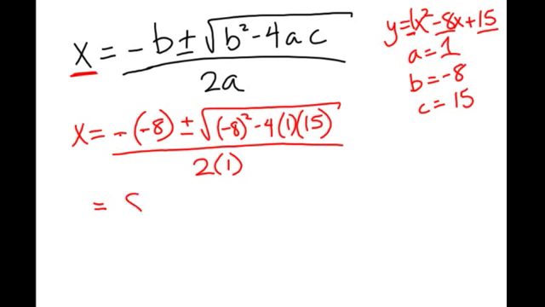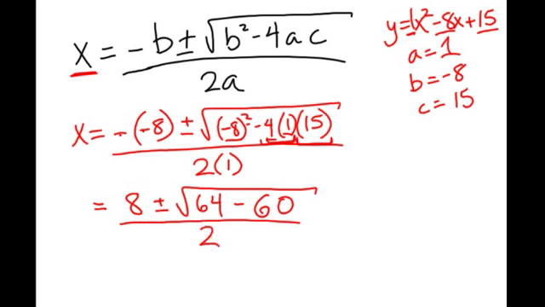Negative times negative is positive 8, plus or minus negative 8 squared is 64. Minus 4 times 1 is 4. And then take that whole thing and times it by 15. 4 times 15 is 60. All over 2 times 1, which is 2.